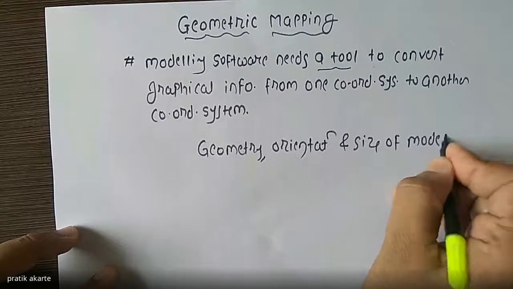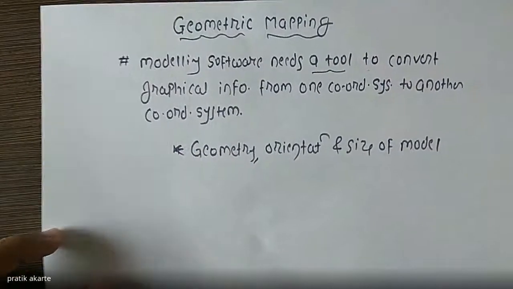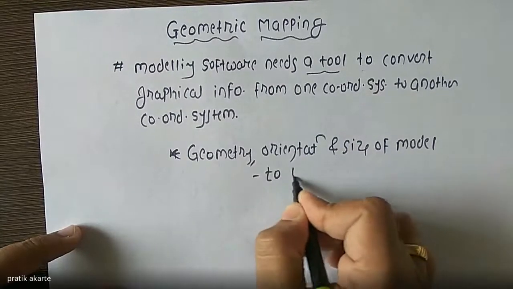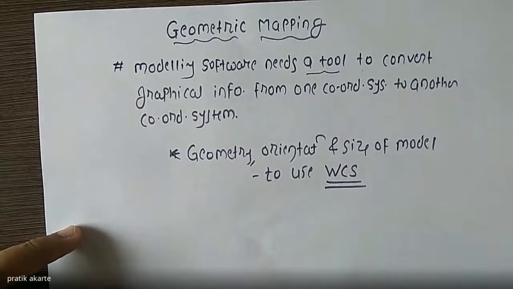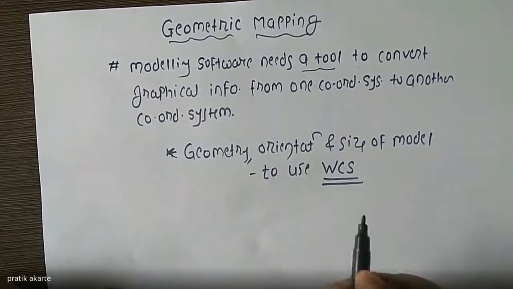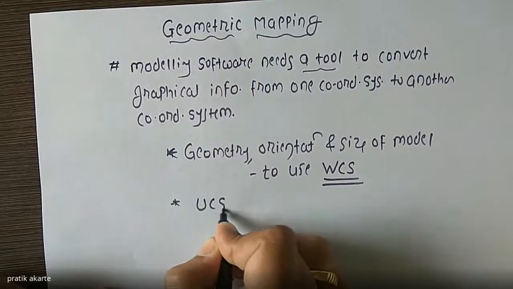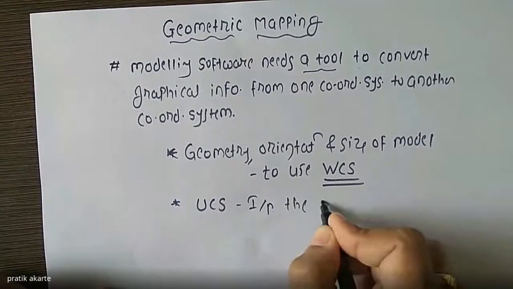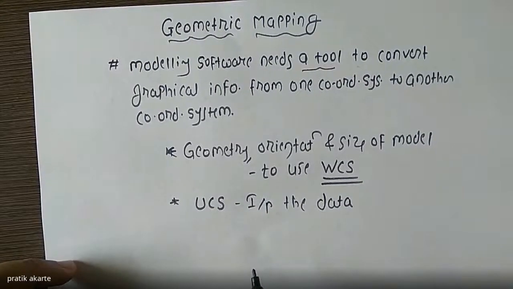These are the reasons because of which it is highly inconvenient for the user to use the world coordinate system, which the software understands. So the user creates its own coordinate system, called the user coordinate system, and inputs the data.